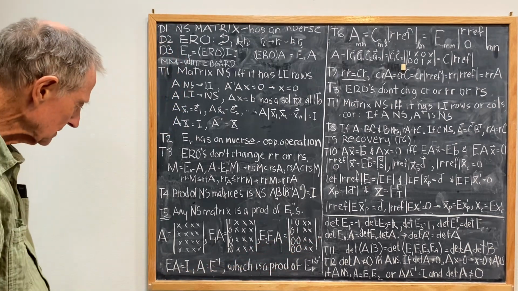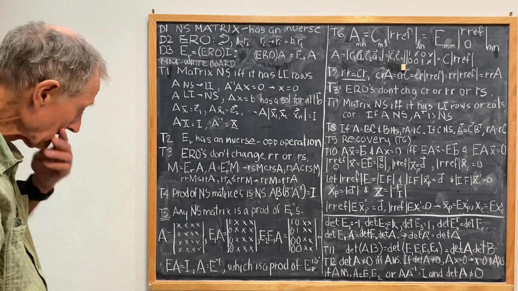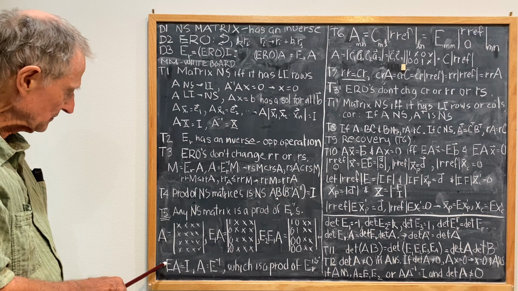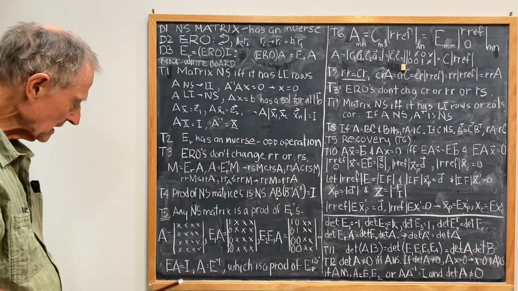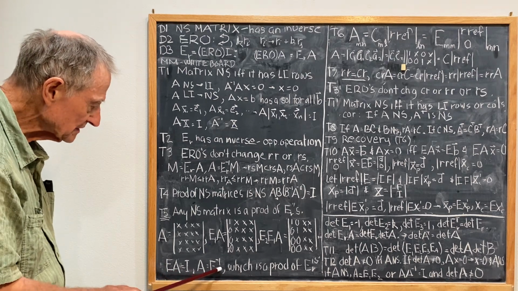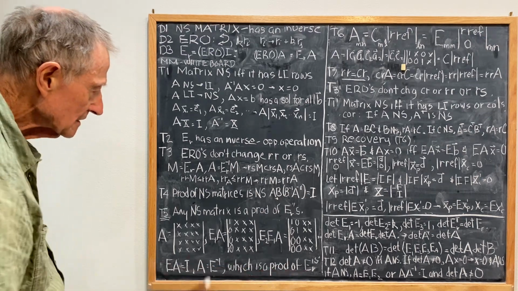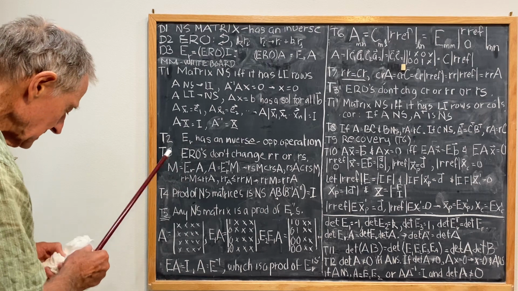So the final result is that a product of elementary matrices times A is equal to I, or A is equal to E to the minus 1, which is also a product of elementary row operations. All right.